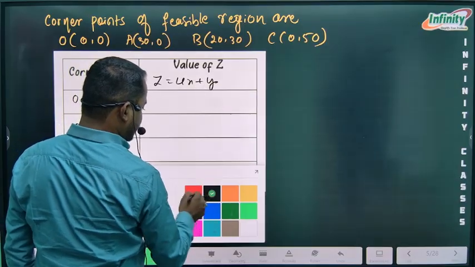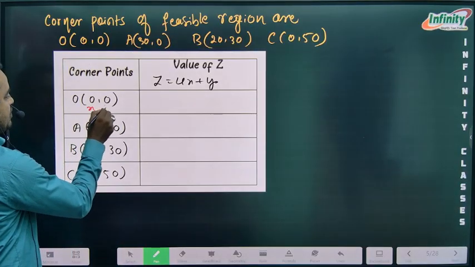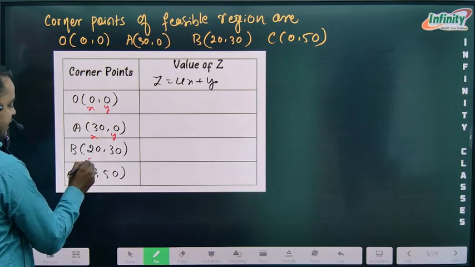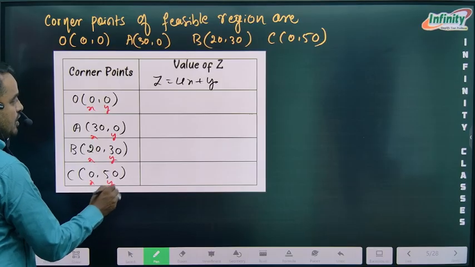Now we need to write the x and y coordinates here and put them in this table.